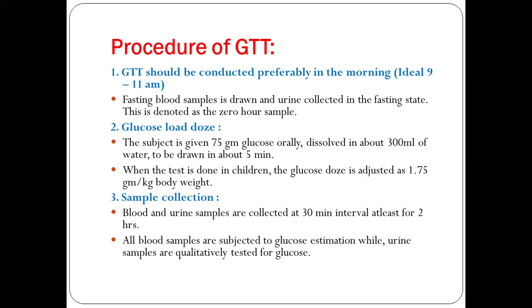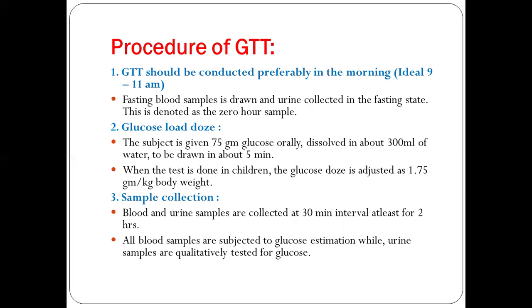That means after glucose load, a half hour sample, then 1 hour sample, then 1.5 hour sample, then 2 hour sample. That means 4 samples, and one is the 0-hour sample. That means the total is 5 samples we have to collect.